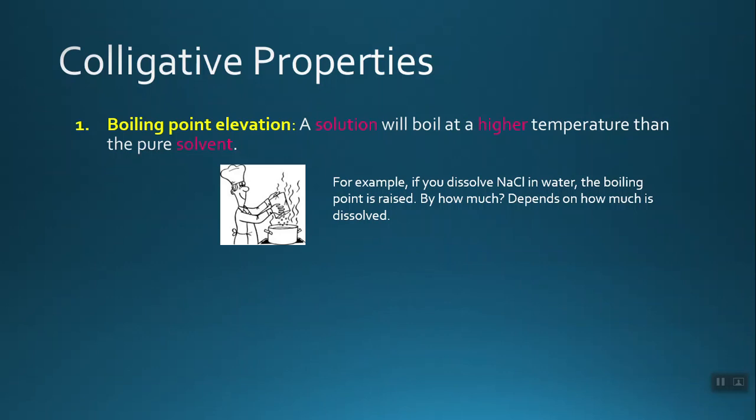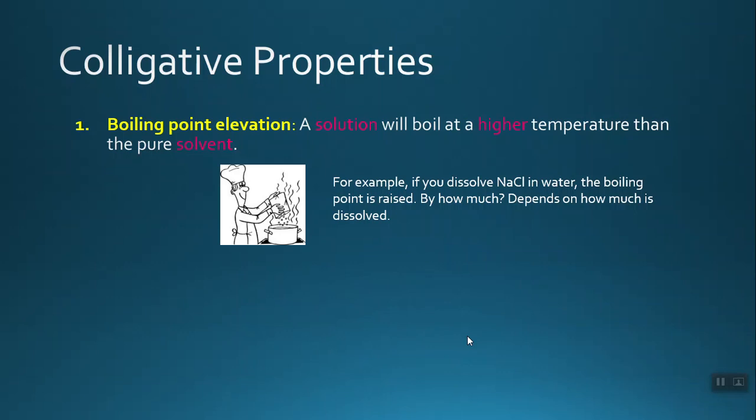What happens is the solute, the salt that you dissolve in the water, creates like this barrier almost, and it's blocking the water from escaping the liquid. So you can think of it like that, and the more salt you have, the greater the effect is going to be. So for example, if you boil just pure water, it'll boil at 100 degrees Celsius.